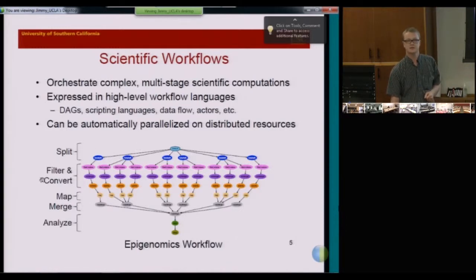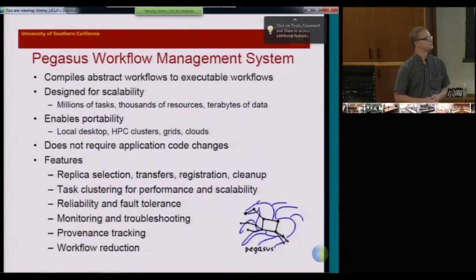These chunks are filtered and converted. The file formats are converted. The data is mapped to a reference genome. The mapped segments are merged together, and then at the end there are several steps to do analysis on the merged pipeline. So this is a very typical workflow application that a scientist might write in bioinformatics.